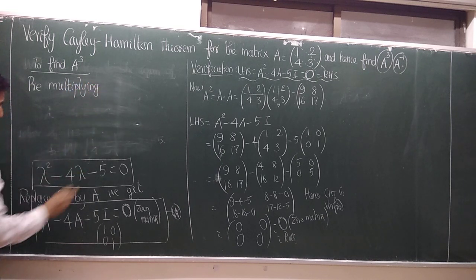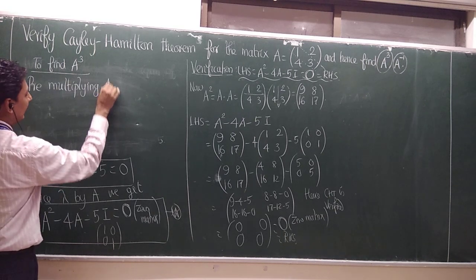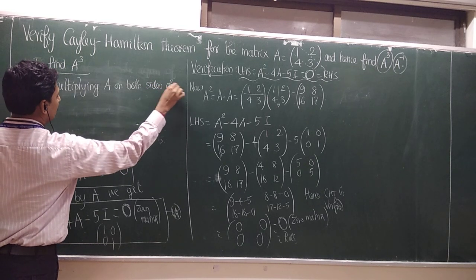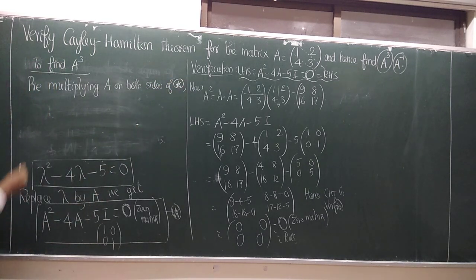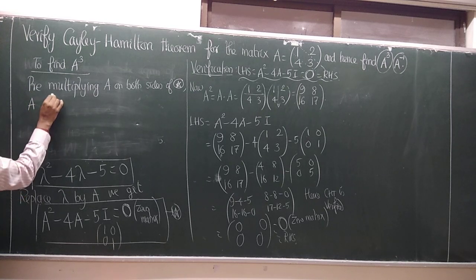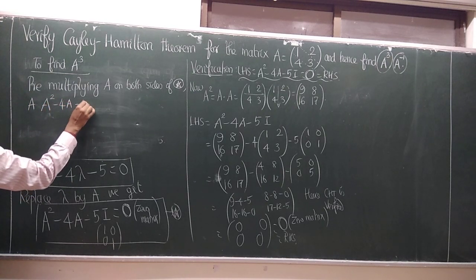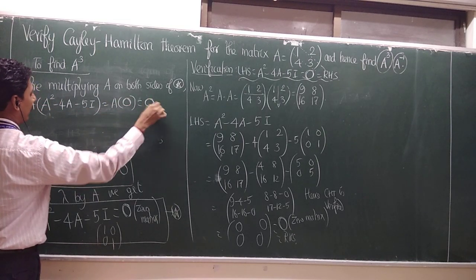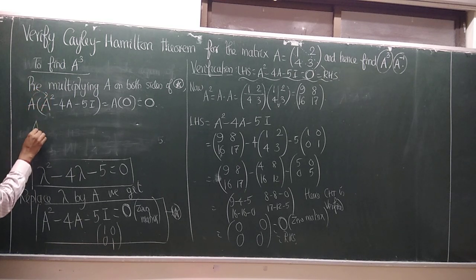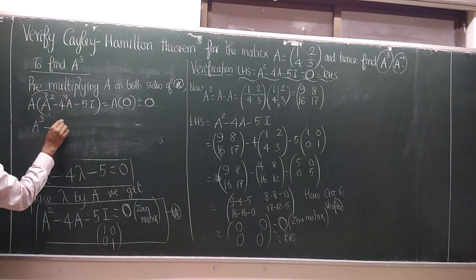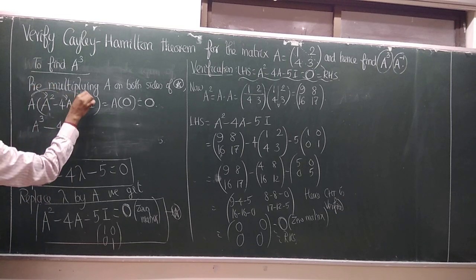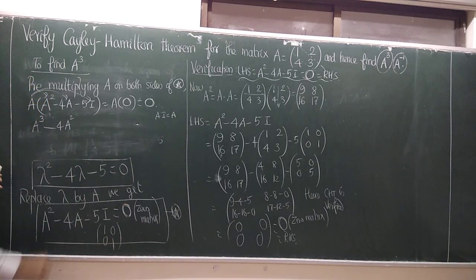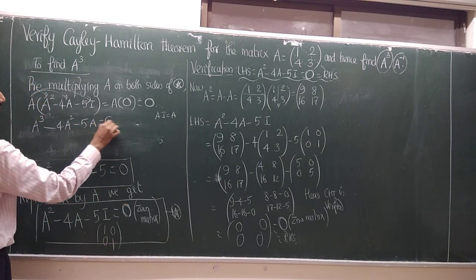Pre-multiplying, because the star equation has A squared. So pre-multiplying A on both sides of the star equation, we get A into (A squared minus 4A minus 5I) equals A into the 0 matrix, which is the 0 matrix. Multiplying A into the terms, we get A cube minus 4A squared, and A into I is A, so minus 5A equals the 0 matrix.